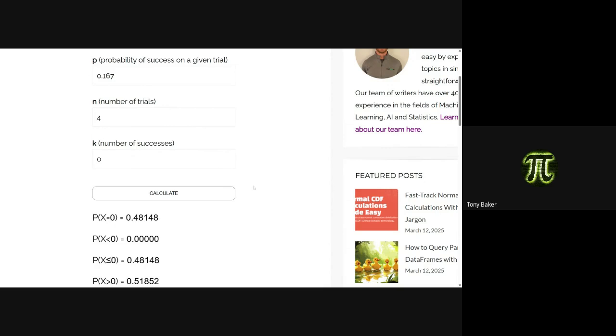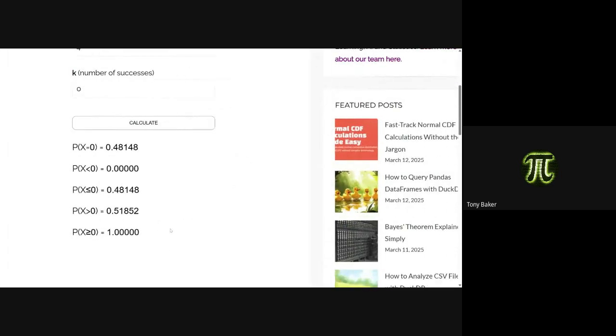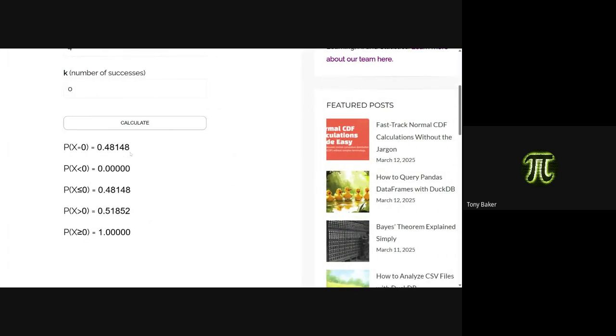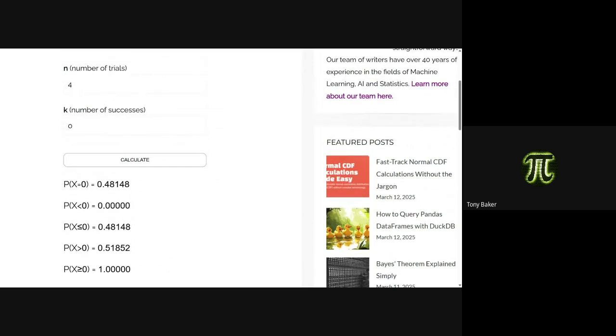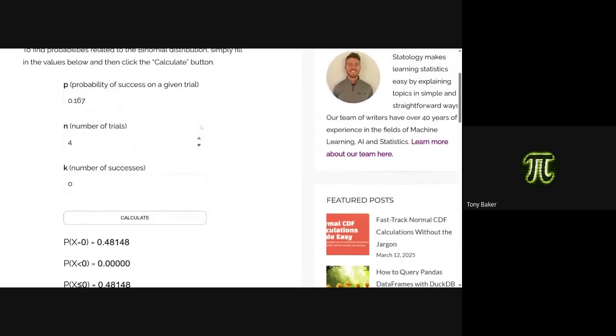So the probability of getting no sixes is 0.48148. Does that number make sense to you? It's almost half, but there's 6 numbers.